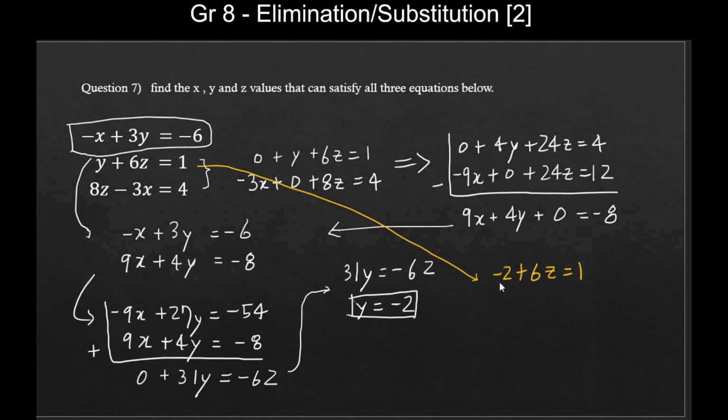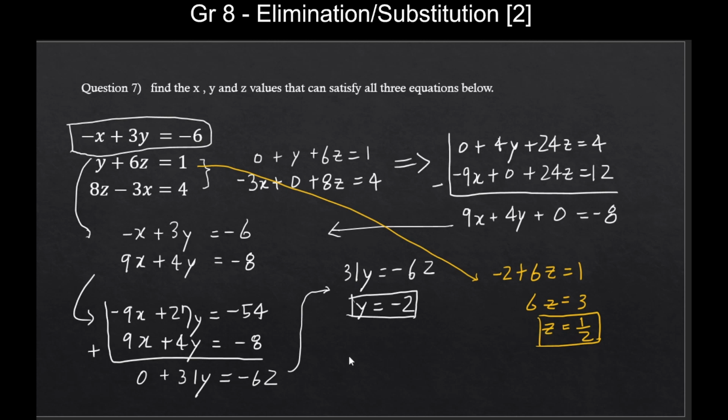That means if I move minus 2 to the other side, 6z should equal 3. And that sounds like z should equal 1 over 2. Correct? We have a fraction. Yeah, fraction is still a value, so that's possible.